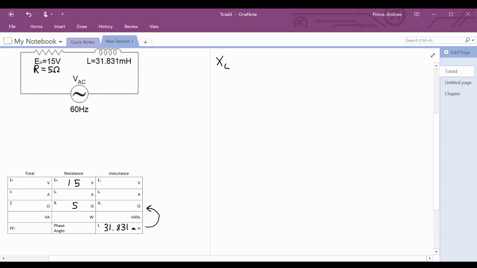We've used that frequently enough at this point. So that's going to be 2 pi times the frequency times the inductance. Okay, and if we put that into our calculator, that's going to give us 12 ohms.